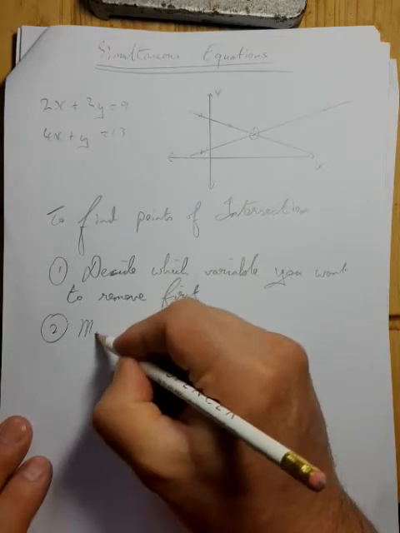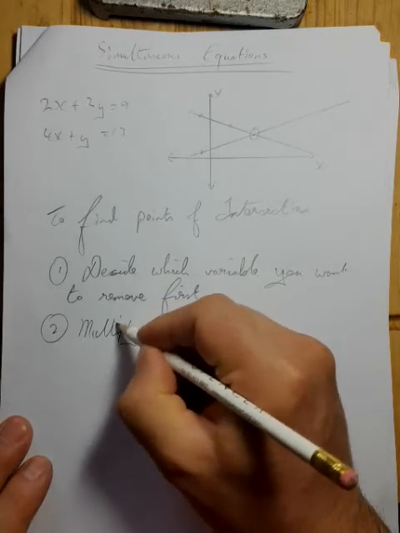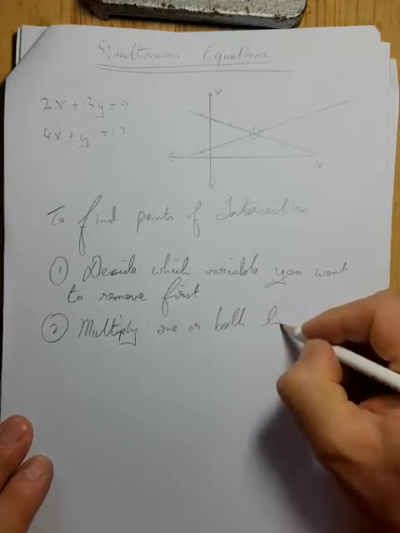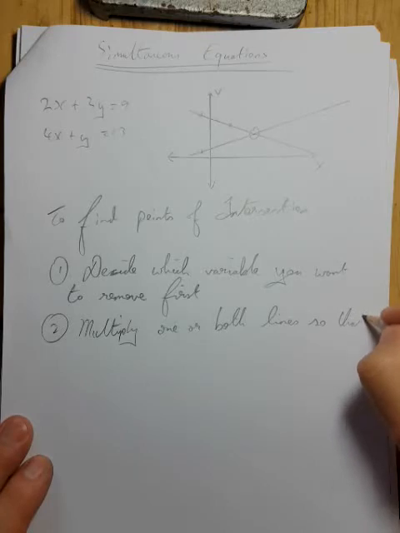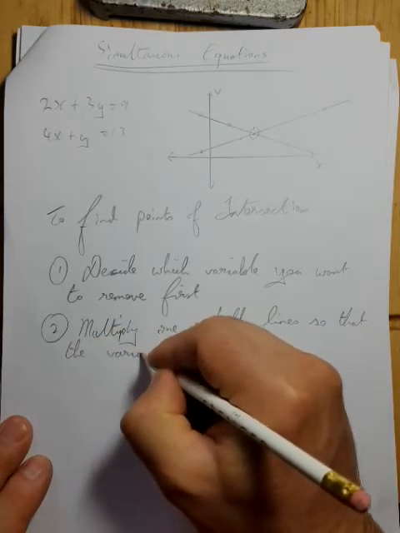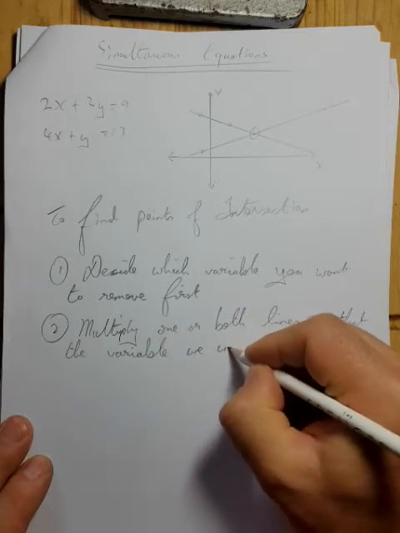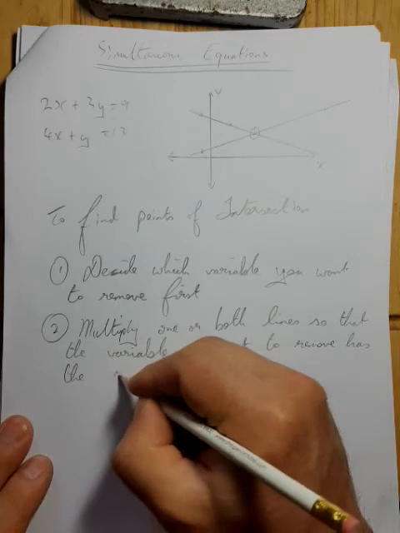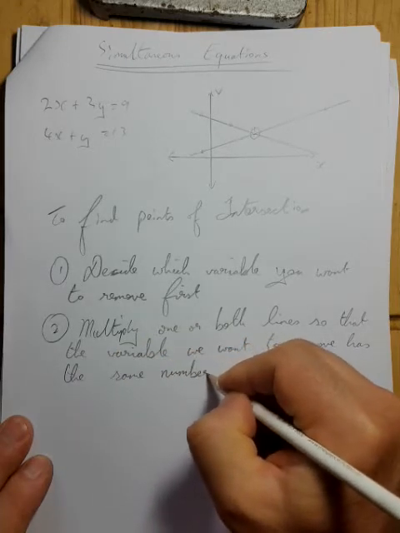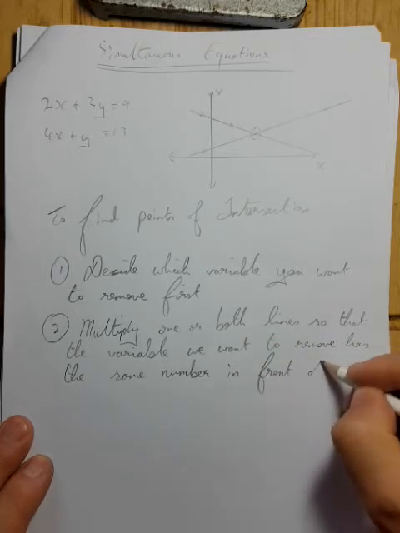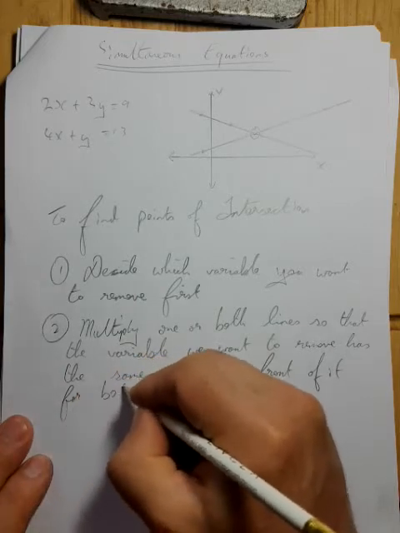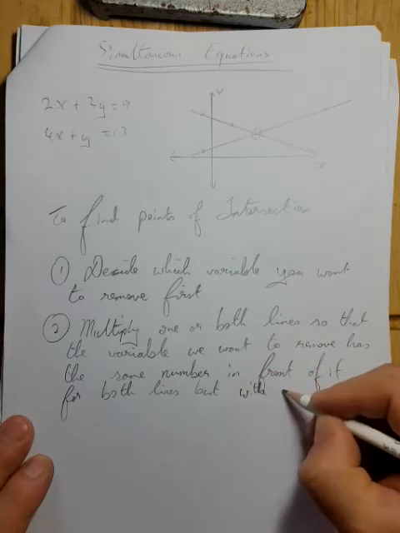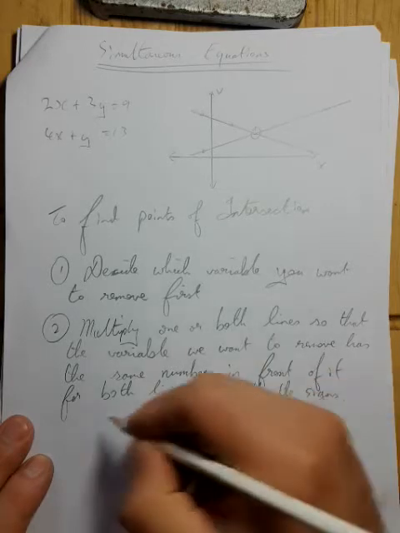Step 2, multiply one or both lines so that the variable we want to remove has the same number in front of it for both lines, but with the signs different.